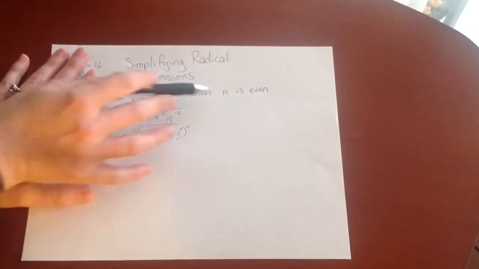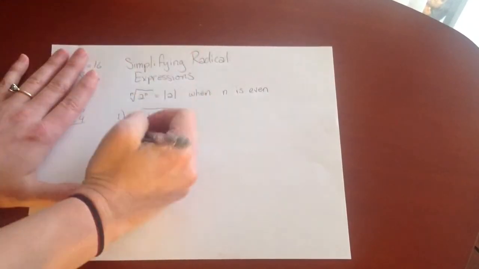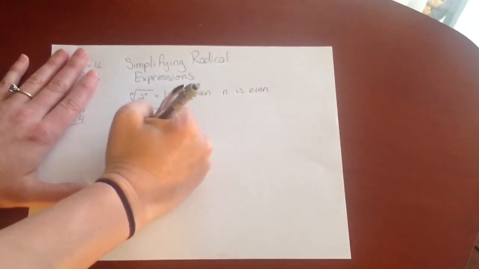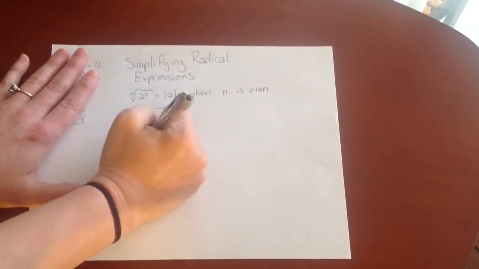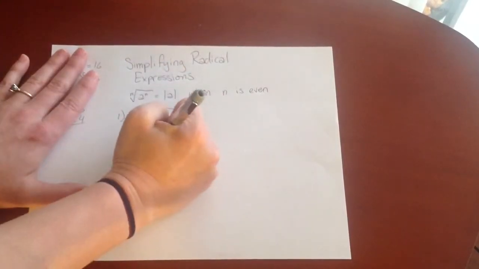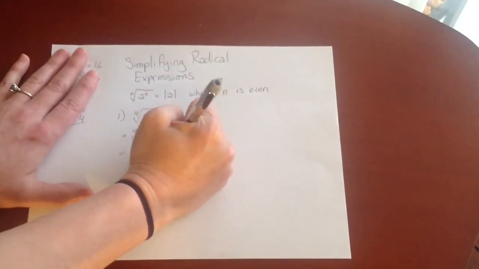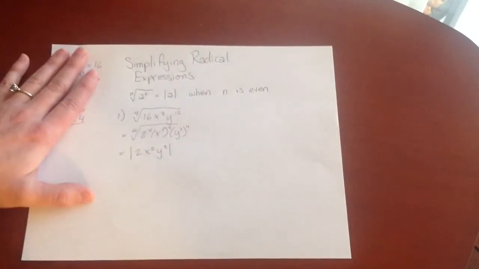But since this is an even index, we have to keep everything inside of an absolute value. So let's go ahead and put our answer in an absolute value. The fourth root of 2 to the fourth is 2. The fourth root of x squared to the fourth is x squared. And the fourth root of y cubed to the fourth is y cubed.